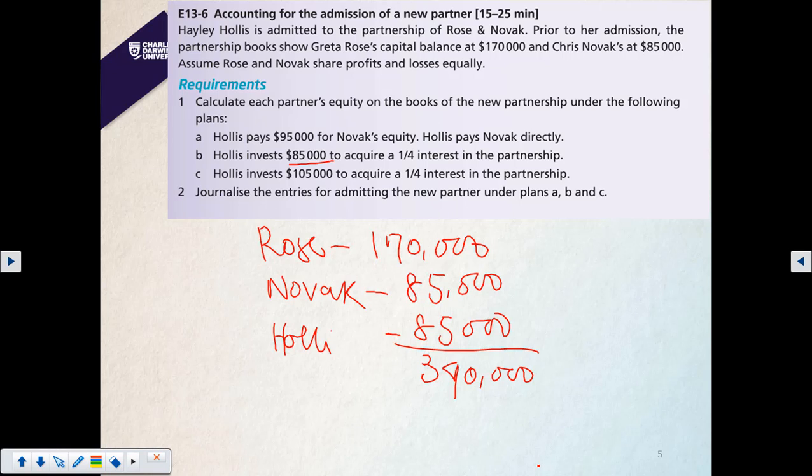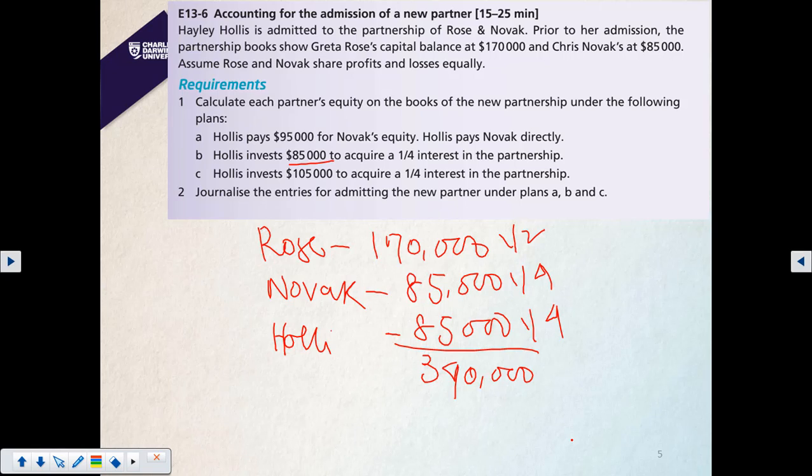Divide by 4, that means it's going to be $85,000. So actually she is paying $85,000 and her capital is also $85,000. So in the balance sheet I will be writing this way: Rose 170, Novak 85 and Holly 85. She is not paying anything extra to the business.